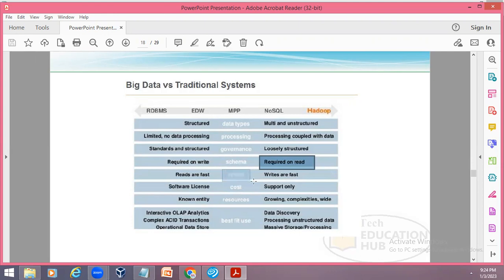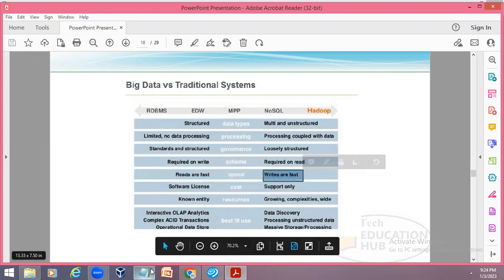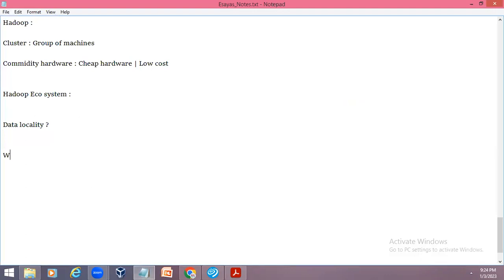Now, talk about the speed. Here, reads are fast, but here writes are slow actually. Let me write it. Write is slow in execution. Any idea about this? Why are writes slow as compared to the read?